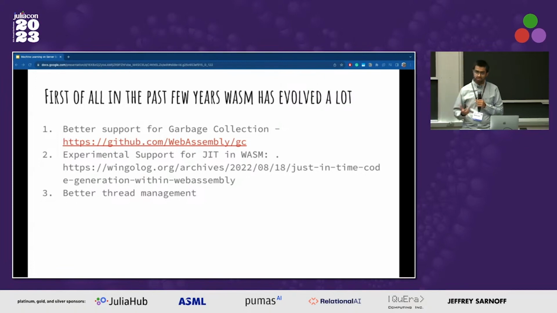But because today we have been able to get experimental support for just-in-time compilation in WebAssembly, that also means that we could take our Julia aspect, right? If you talk about the entire infrastructure for Julia, there are two major parts: the just-in-time compilation and your interpreter. Those individually could be ported over to WebAssembly today.